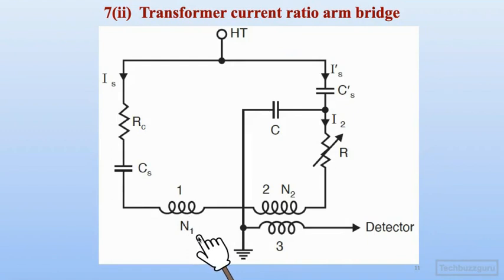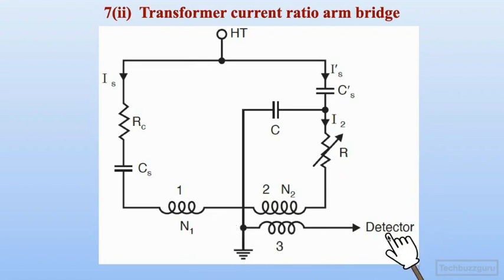There are three sets of winding, N1, N2, and then there is a detector winding. So winding 1, winding 2, and winding 3. The basic principle of operation is actually a bridge only, just drawn for convenience in order to show 1 and 2 very close to each other, and the current flowing through these two windings is adjusted in such a manner that the MMF of N1 and N2 cancel out each other and no current flows through this branch.